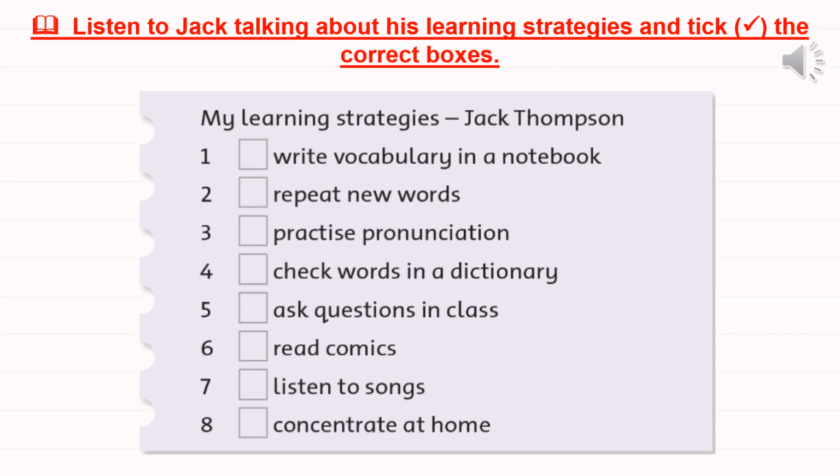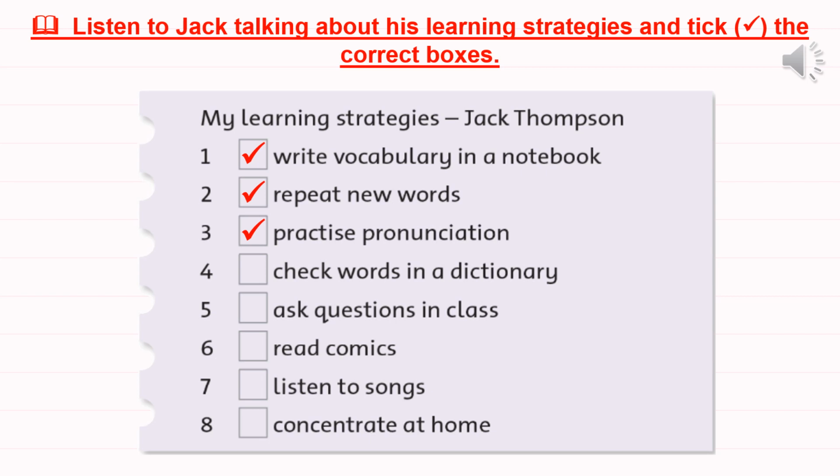Progress Review 2. Exercise 12. What language are you studying, Jack? I'm learning French at school. Have a look at these learning strategies. Which ones do you use? Well, not all of them. I've always got a notebook in class and I write new vocabulary in there. OK. And when the teacher says a new word, I normally repeat it. It's good for my pronunciation. It's important to practice pronunciation, I think. Yes, that's true. Check words in a dictionary?